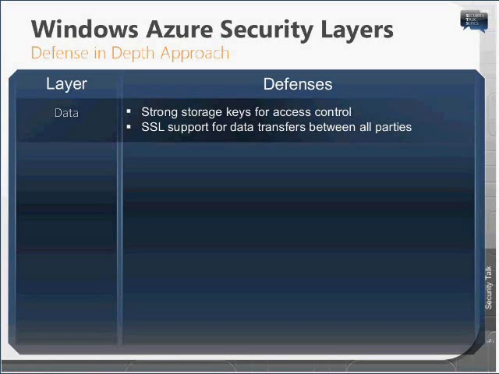At the data level, we have encryption for data storage, and one important aspect is that you control the encryption keys. These encryption keys are built on demand as needed for your applications, and you control these keys.